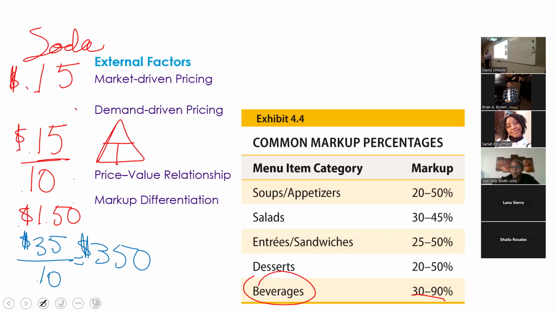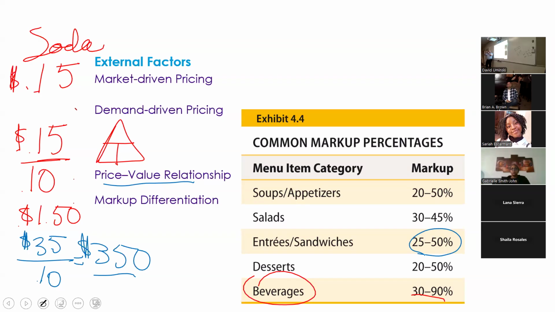Okay. And so this percentage is more of just a guideline. Remember, we have to go back to that price value relationship to make sure that whatever we're selling this for, we have the guest and the clientele that finds the value and is going to pay that. Typically higher cost items like proteins, where we have entrees, typically have a higher food cost percentage, which basically means the percent of what we sell it for that is our cost to make it.